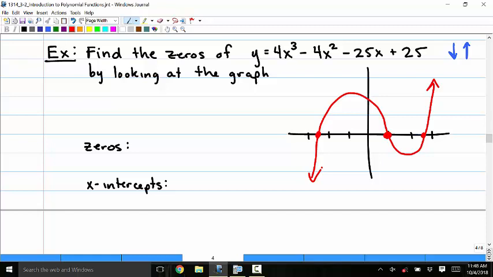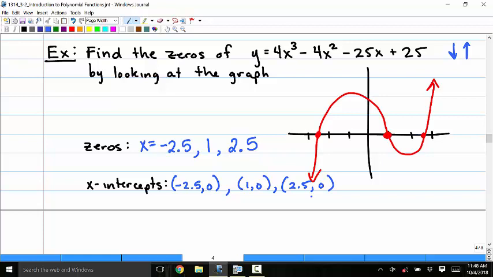So what were the zeros from the calculator? X equals negative 2.5, 1, and 2.5. My x-intercepts are going to be negative 2.5 comma 0, 1 comma 0, and 2.5 comma 0.